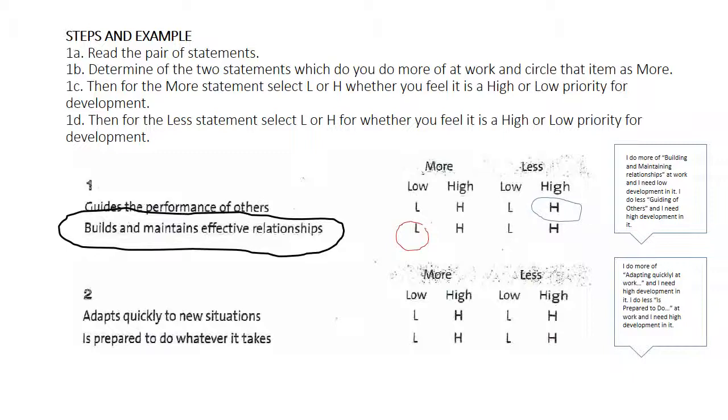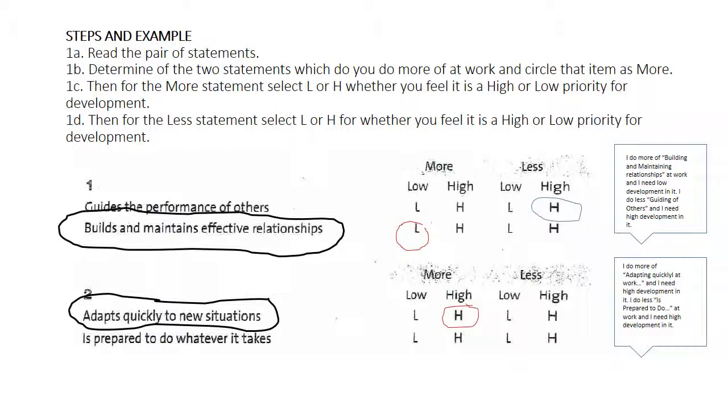Let's look at question set number 2 and take it again as an example. In reading these 2, I select the one that I do more of at work is that I adapt quickly to new situations. In assessing, do I need development as a high or a low priority for this, I've determined that it is a high priority for me.